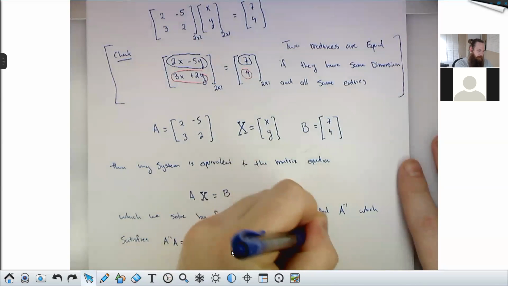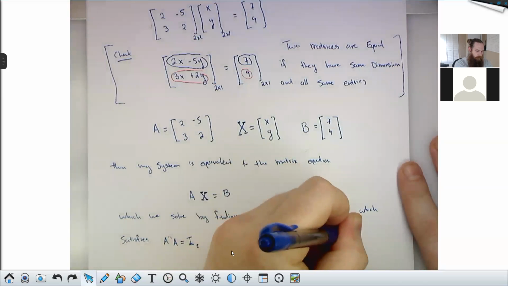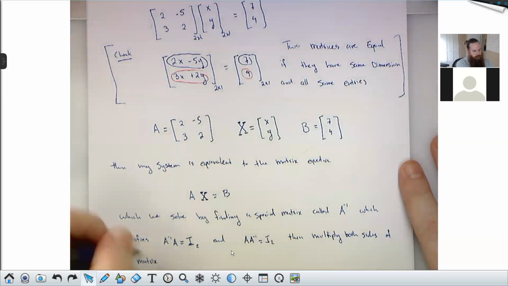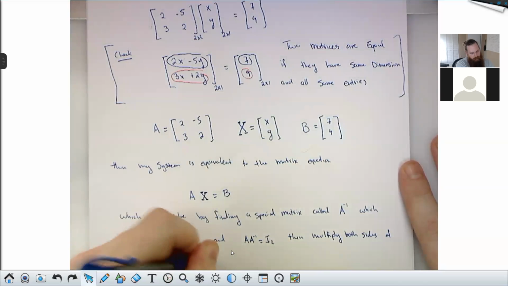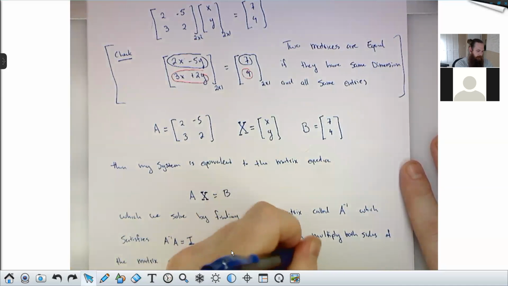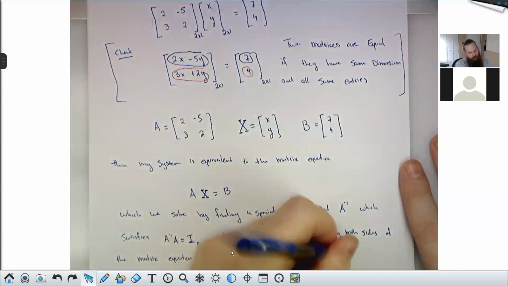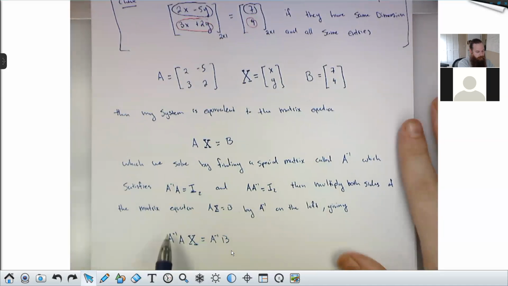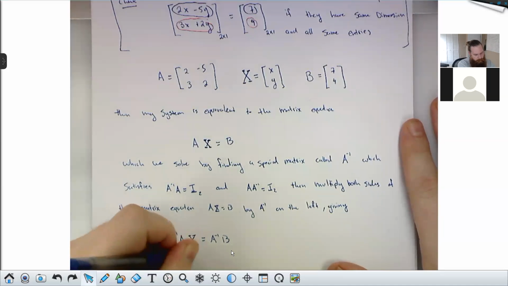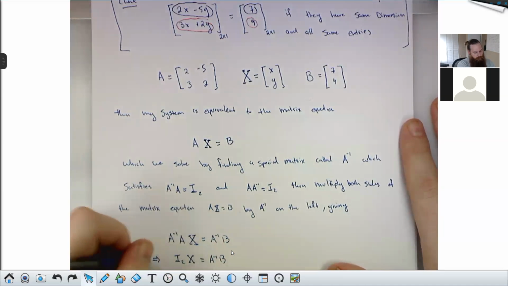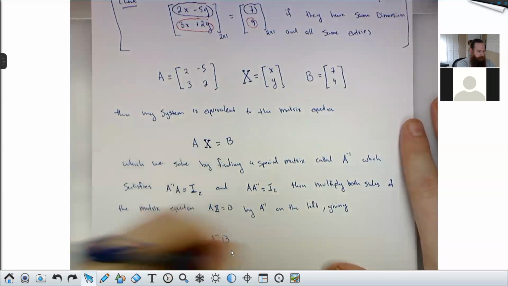Then multiply both sides of the matrix equation AX equals B by A inverse on the left, giving A inverse AX equals A inverse B. And since A inverse A is I, in this case I2, we get I2 X equals A inverse B. I times anything is just that thing.